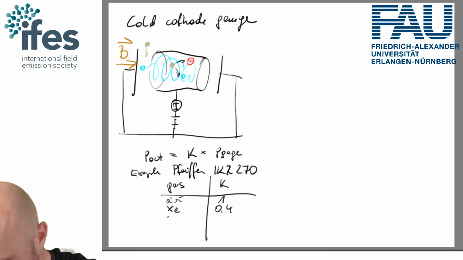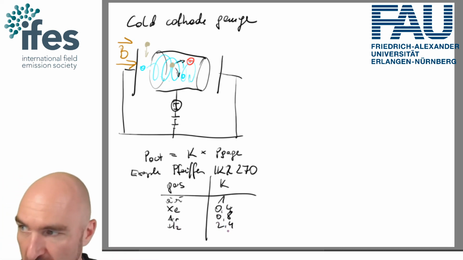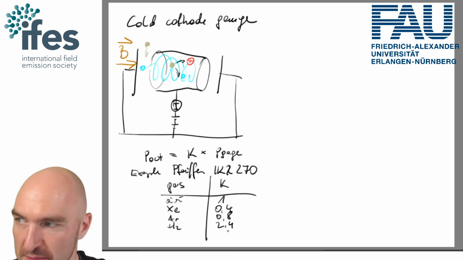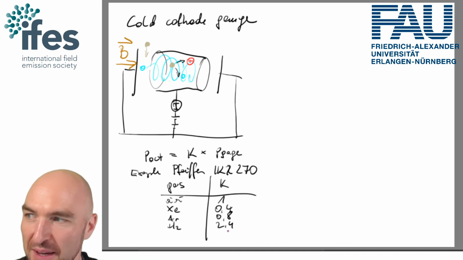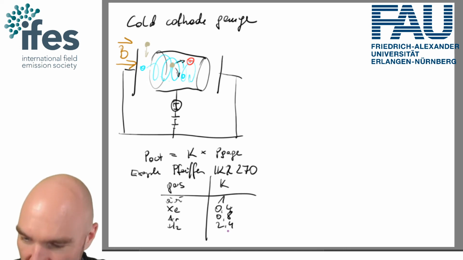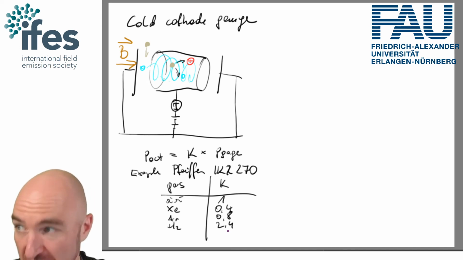If you have argon, which might come from leaks, we have a factor of 0.8. If we have hydrogen, the factor is 2.4. So if we have 2.4 times 10 to the minus 10 millibar hydrogen in there, it will show 1 times 10 to the minus 10.